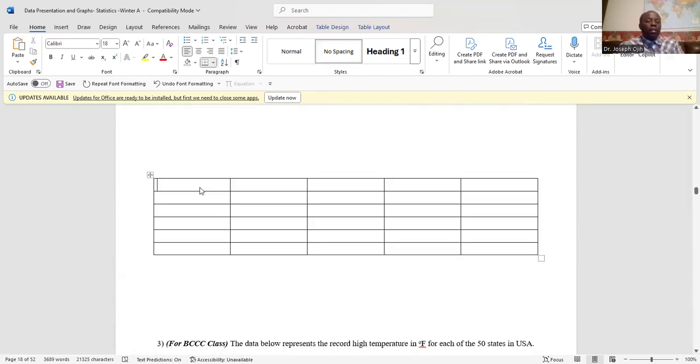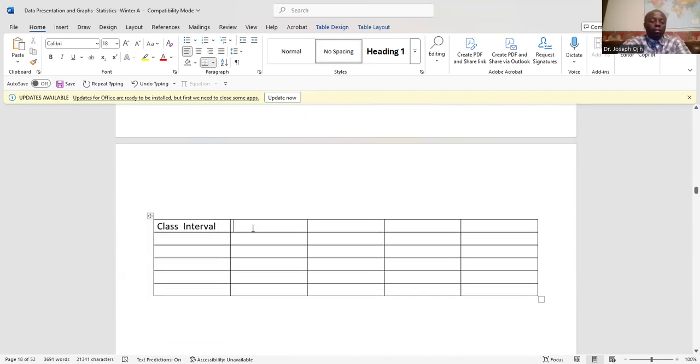So we need a class interval. They want us to find the class boundary, so I'm going to put class boundary here. And you need frequency, because they are doing a frequency distribution. I'm going to use F for that.